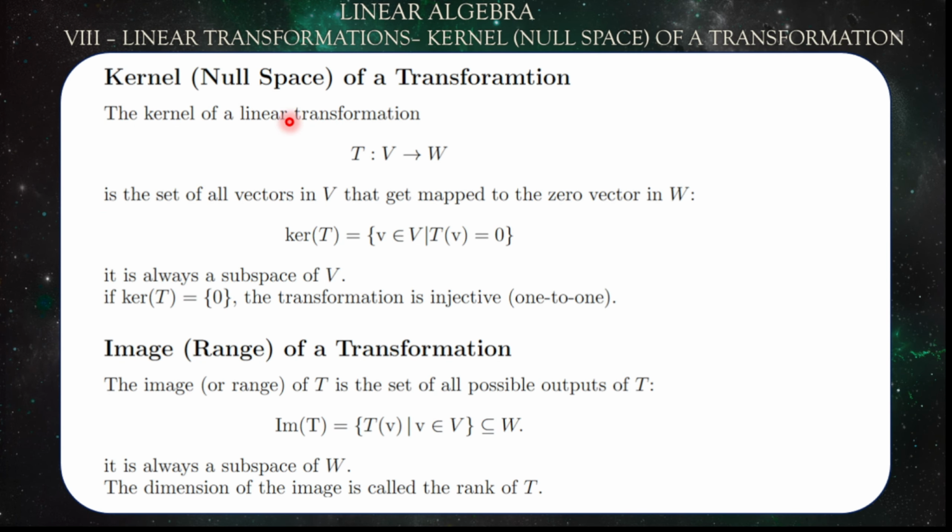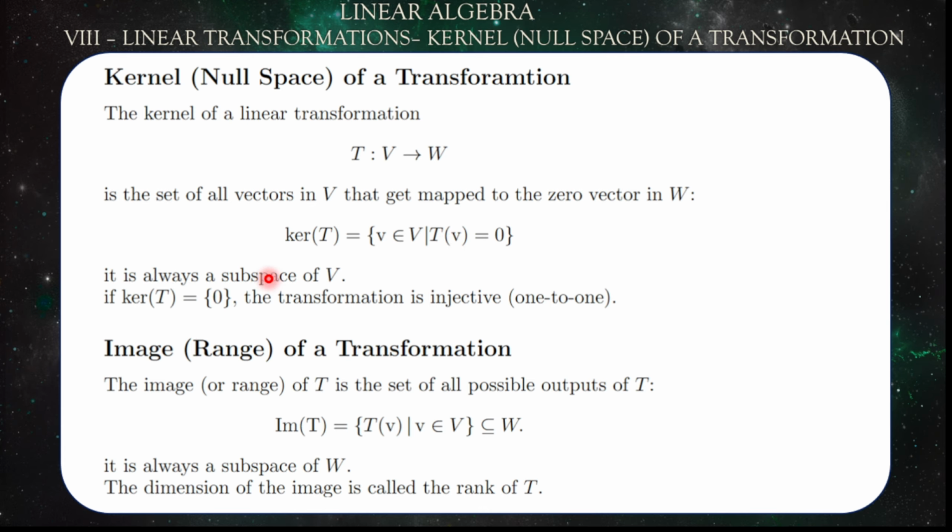Kernel or null space of a transformation. The kernel of a linear transformation T from V to W is the set of all vectors in V that get mapped to the zero vector in W. So kernel of T is equal to the set of v within V where the transformation of v is equal to 0.